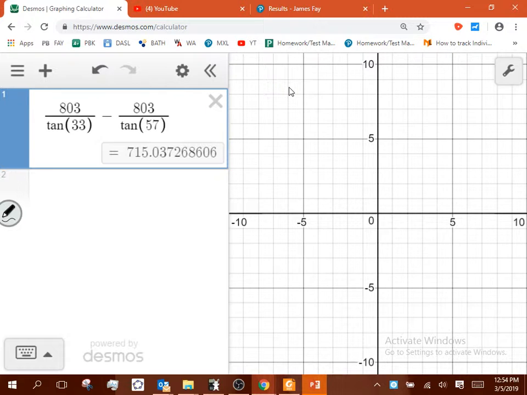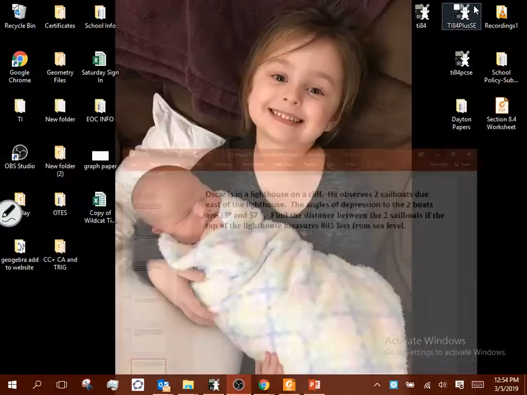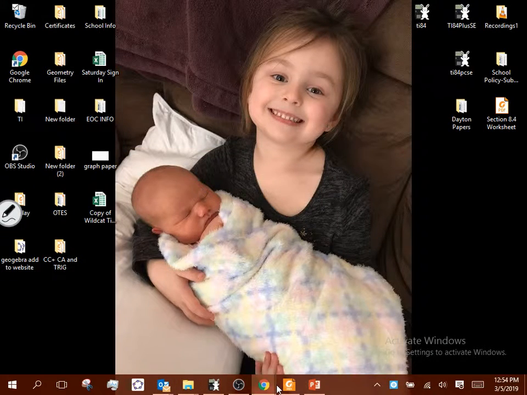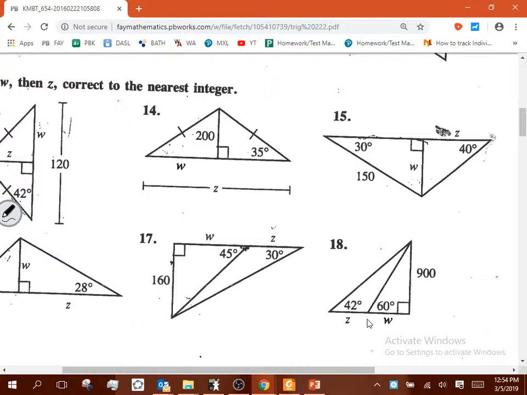Now, here's my question. Does that look like something we've already done? If we go to this question here, yesterday we tried to find Z, didn't we? If this is S1 right here and this is S2, did we already do that question? Yes. Okay. So what I need you guys to understand is the questions that we do in these story problems, you've already done them all.